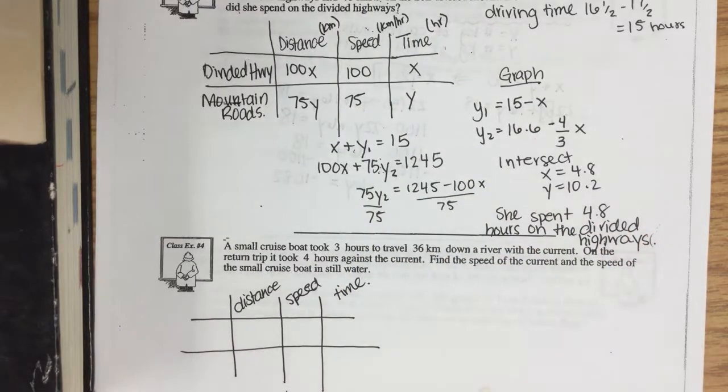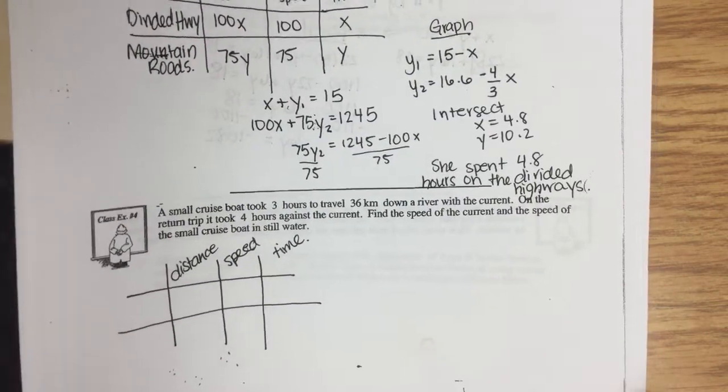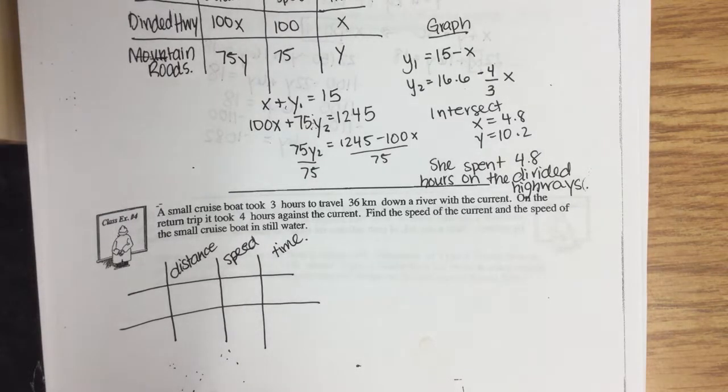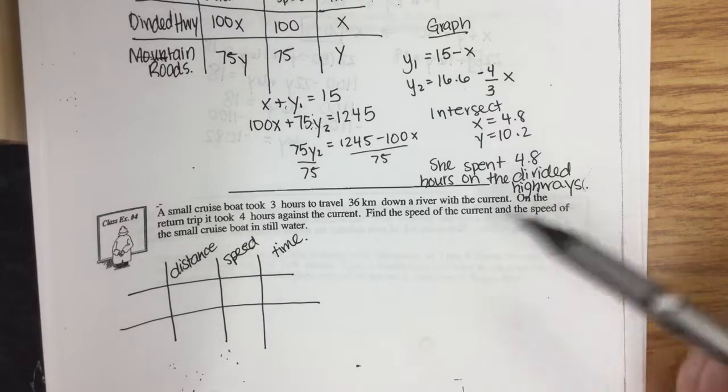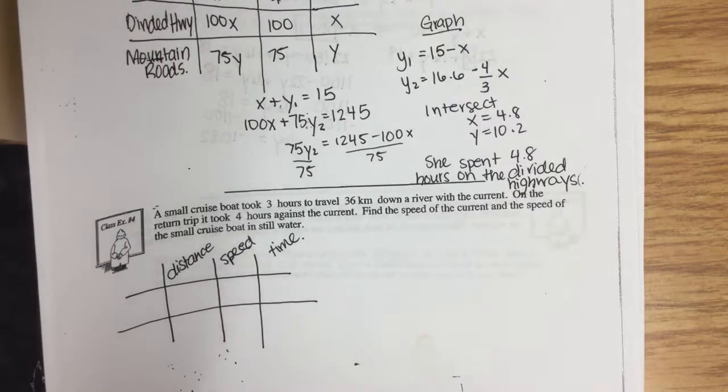I'm going to have two portions to this problem, while it was highways or mountain roads. In this case, we're talking about a cruise boat. A small cruise boat took 3 hours to travel 36 kilometers down a river with the current. On the return trip, it took 4 hours against the current. Find the speed of the current and the speed of the boat.